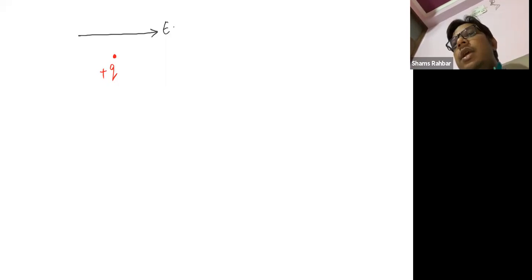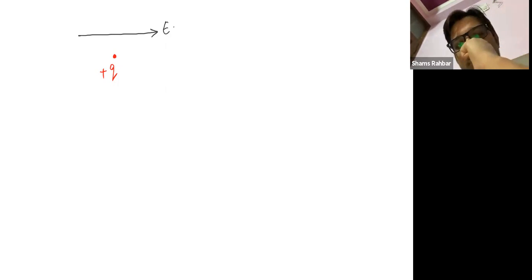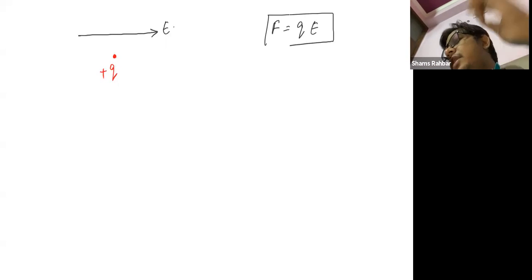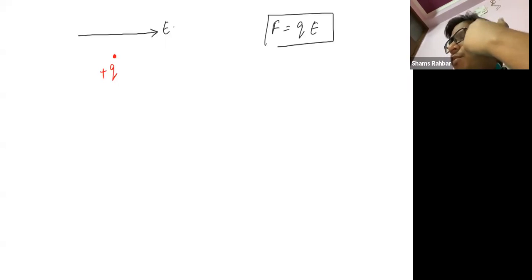Tell me. If I place a charge in an electric field, will it experience any force or not? Yes, sir, of course it will, right? And that force will be calculated by the formula F is equal to QE, right?